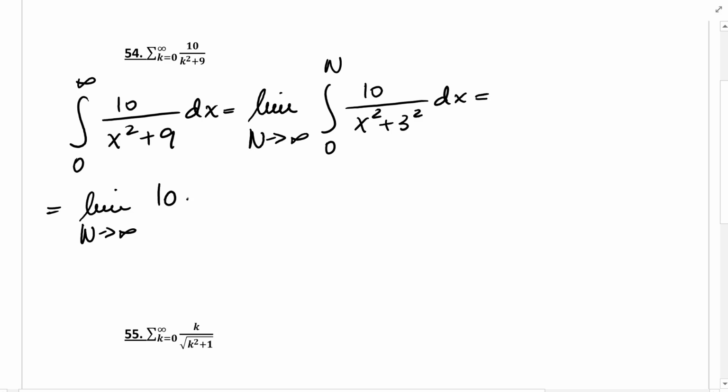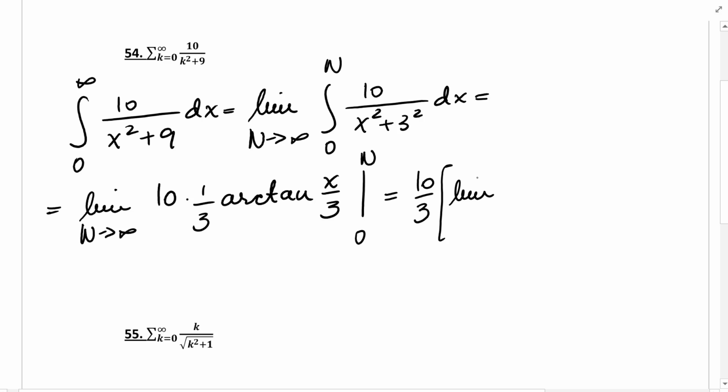the integral of 1 over x squared plus 3 squared, which is 1 over 3 arctangent of x over 3, evaluated from 0 to n. That gives us 10 over 3 times the limit as n approaches infinity of arctangent of n over 3 minus arctangent of 0, which is 0. So 10 over 3 times arctangent of infinity over 3.